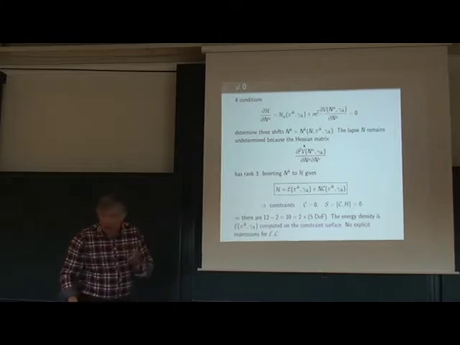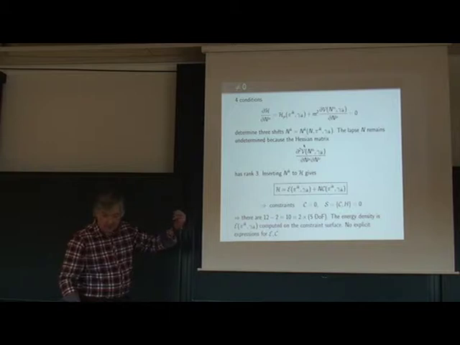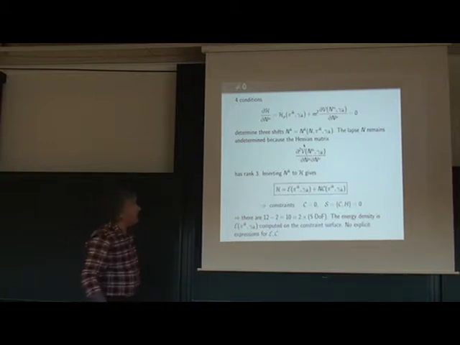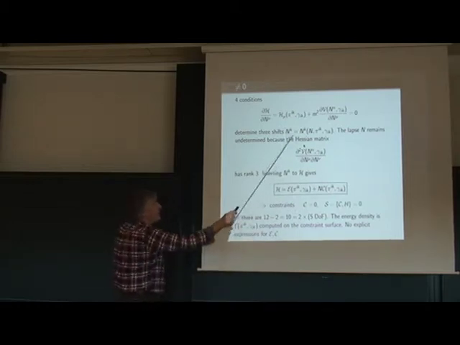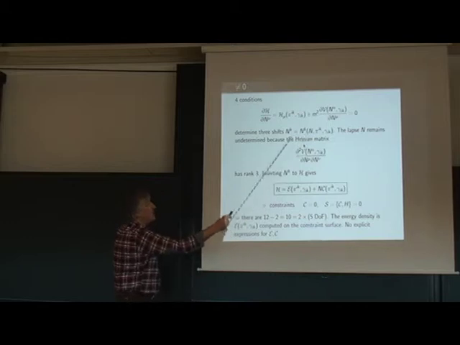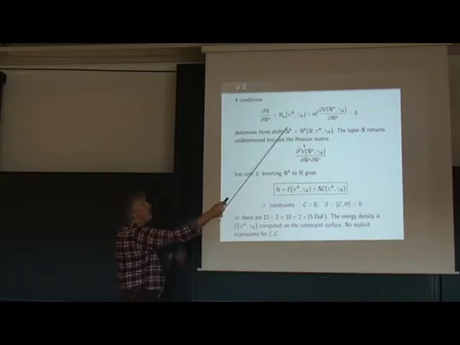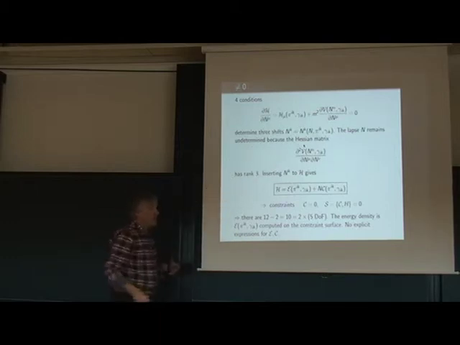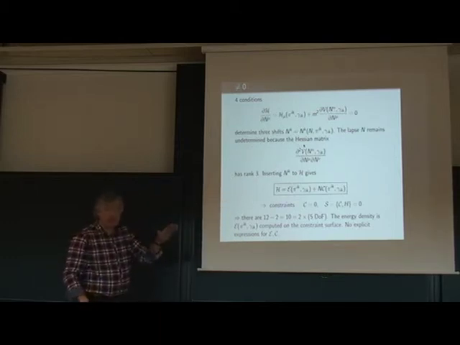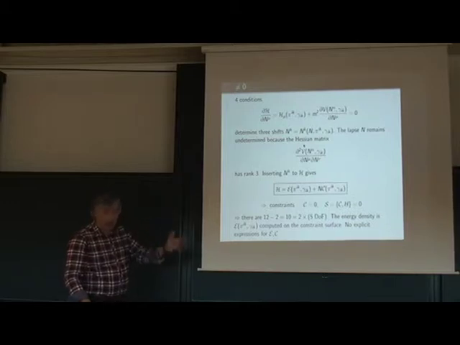And this is the whole point of the massive gravity. Rank 3 means that one can determine only 3 of them, not 4 of them, only 3. So one finds 3 shifts from 3 of these equations, and if one then plugs the 3 shifts into the 4th equation, the lapse cancels identically, and what is left is a constraint, which depends only on P and Q.